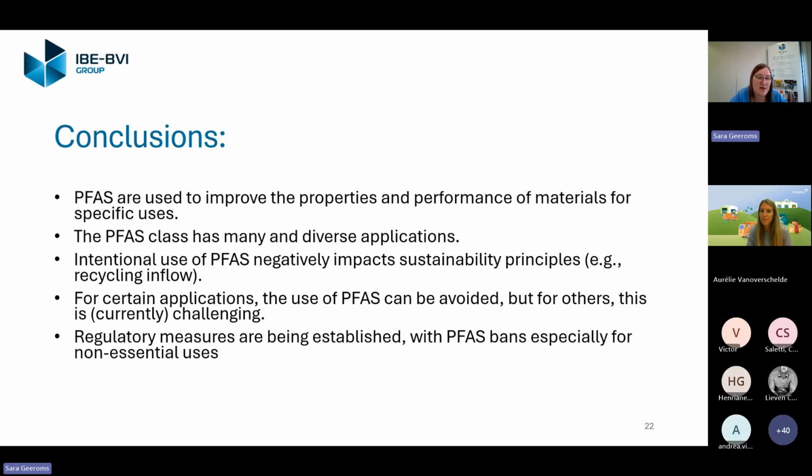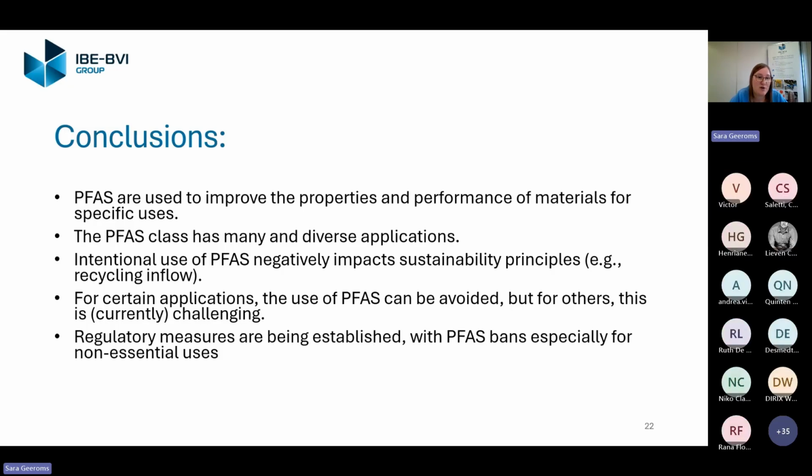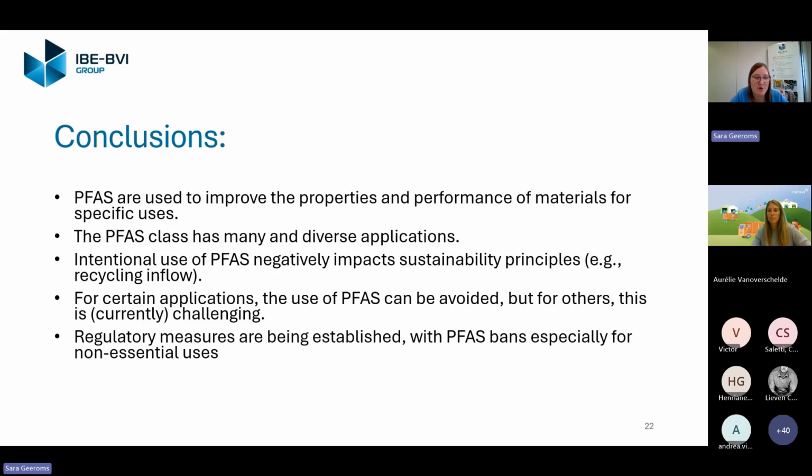And then when you look at the values for the targeted PFAS, you see that these are lower. So that is, I guess, more focused on the intentional use, because the contamination and thus the unintentional use are more covered by the group analysis by organic fluorine.